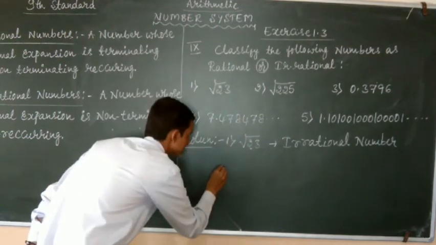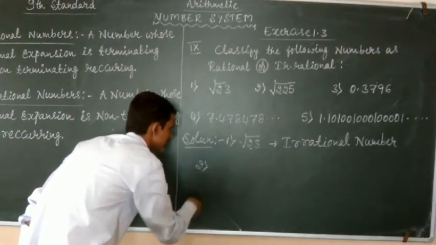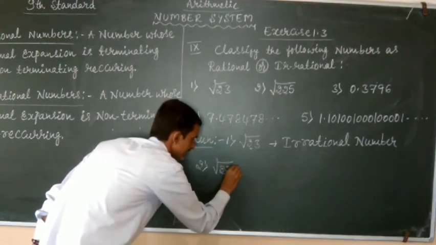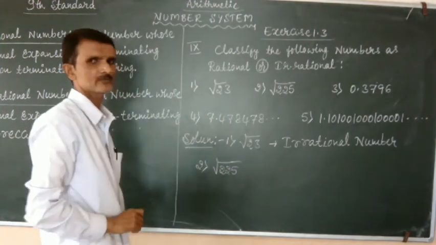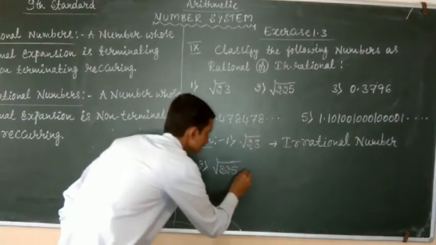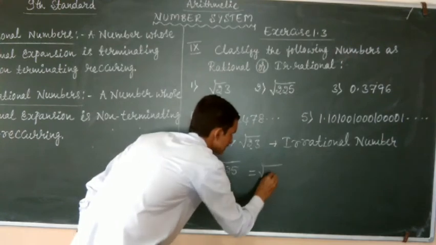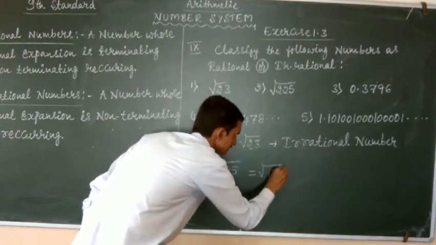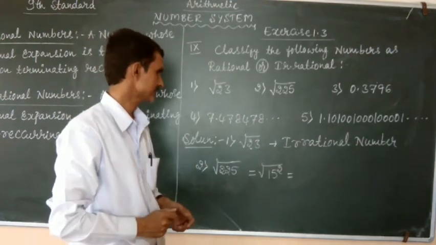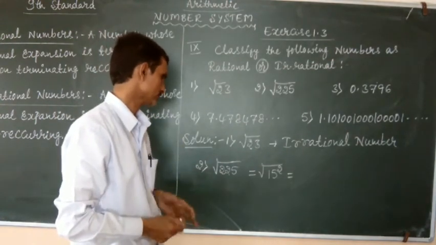Whereas coming to the second one, square root of 225, it is a perfect square number. This can be written as 15 squared, because if you multiply 15 by 15, you will get 225.